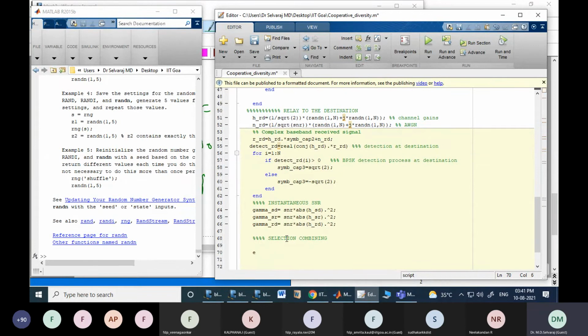Let us call the first one SC error equal to 0 for error counting purposes. Then the other variable we can use: the direct link SD error also we can calculate, the direct link, source to destination link. These two variables are for error counting.